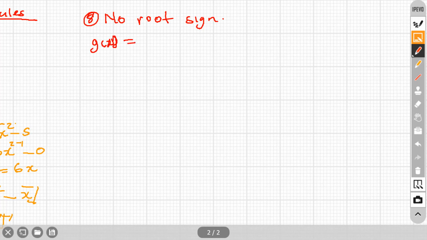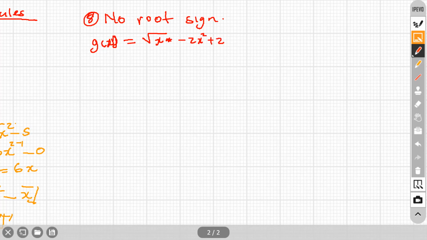is equals to, let's say, root of x minus 3. X minus 3. Root of x, then minus 2x squared plus 2.